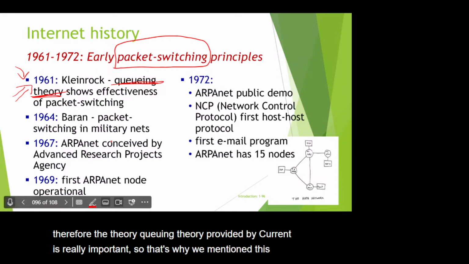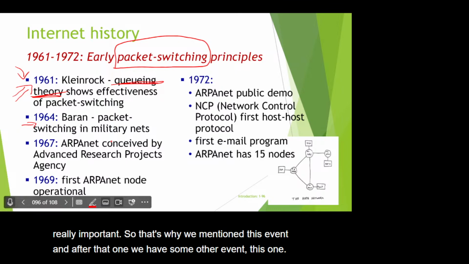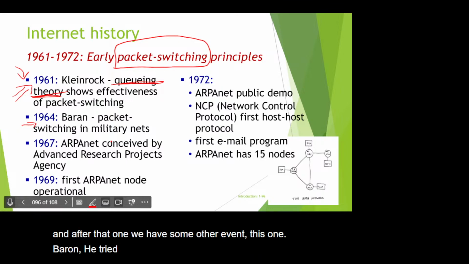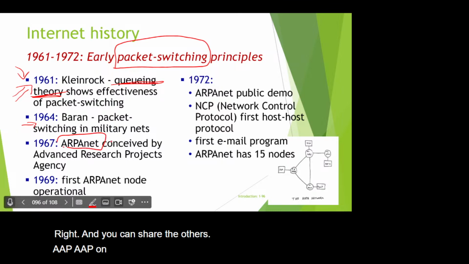And after that, we have some other events. This one, Baran, tried packet switching in military nets, right? And you can check the others. ARPANET actually tried to extend the military net to the real one.